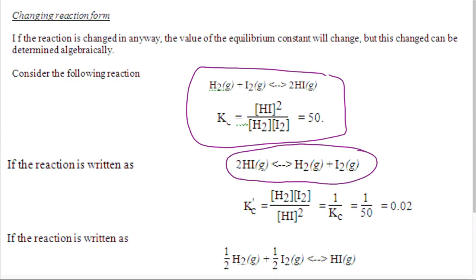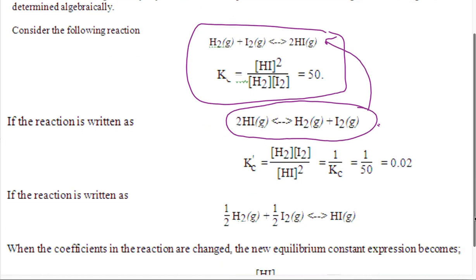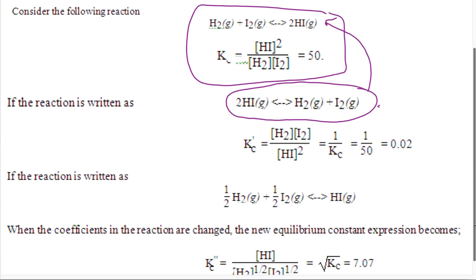How does this reaction compare to that reaction? It's reversed, right? If it's reversed, products became reactants, reactants became products, what do we do to our K then if we want to find the K of this one? Inverse, exactly. So that's what happens. If you reverse your reaction, you take the reciprocal of the K to find the new K.